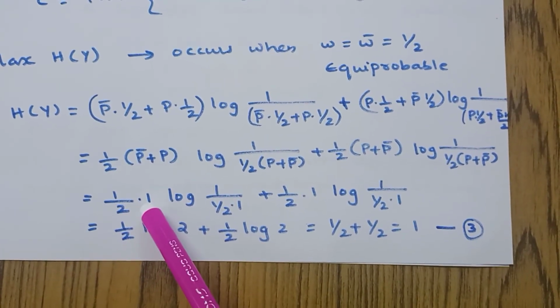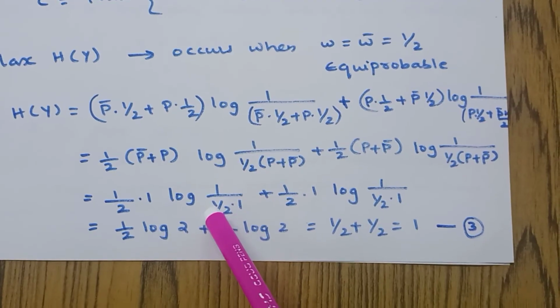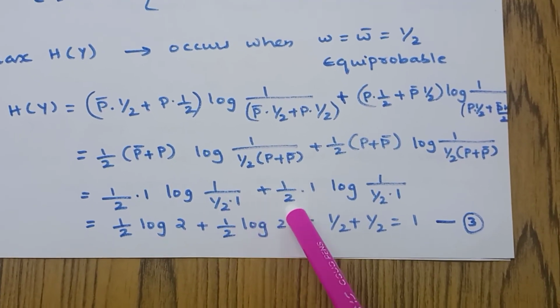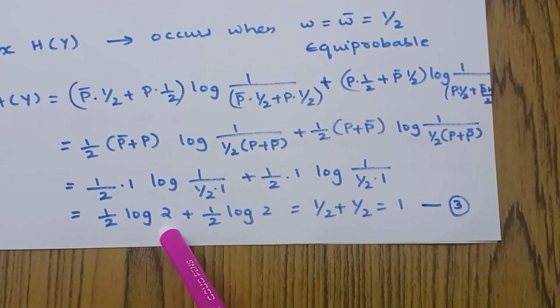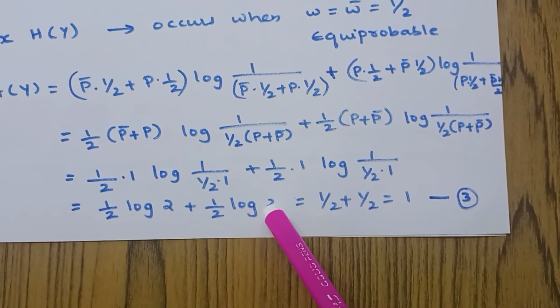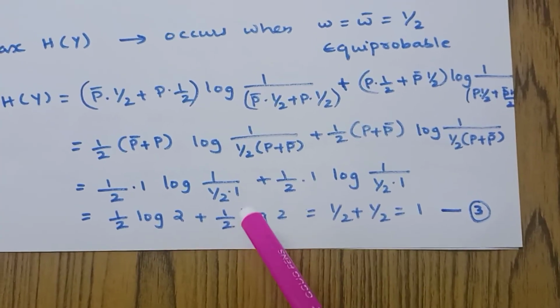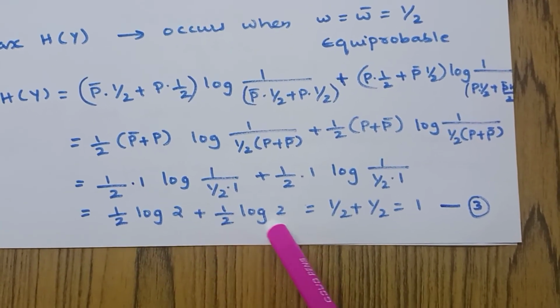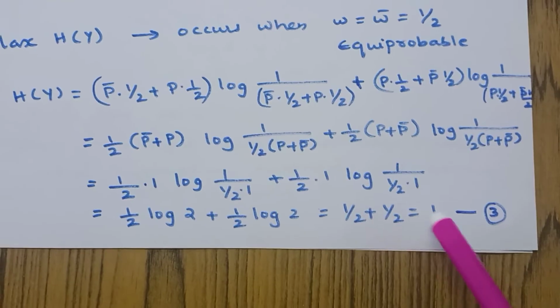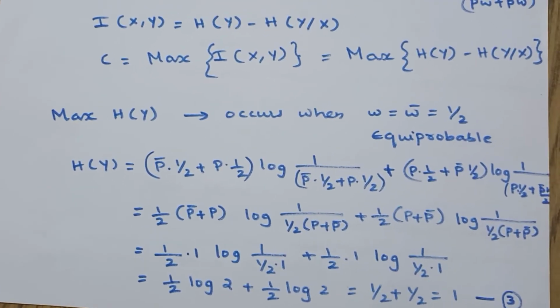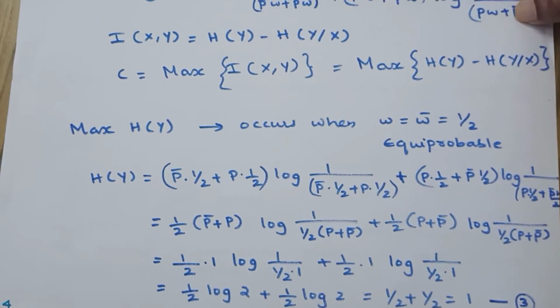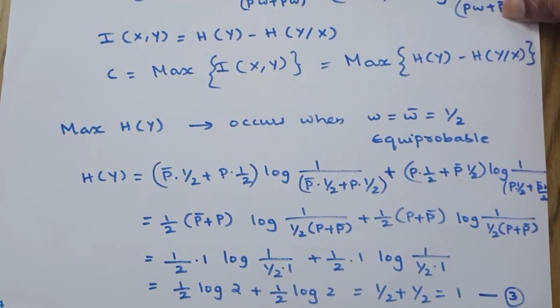So half into 1 log of 1 by half into 1, plus half into 1 log of 1 by half into 1. That is half log 2 plus half log 2. What is log 2 to the base 2? 1. That is half into 1 plus half into 1, that is half plus half equal to 1. Here we get H of y is equal to 1 only when W is equal to W bar is equal to half.